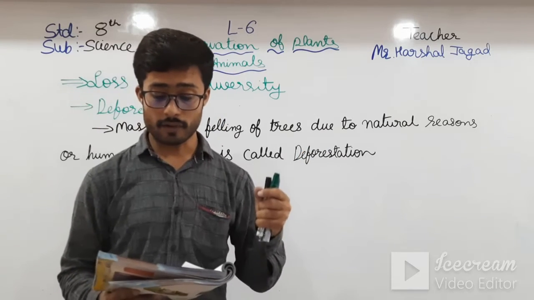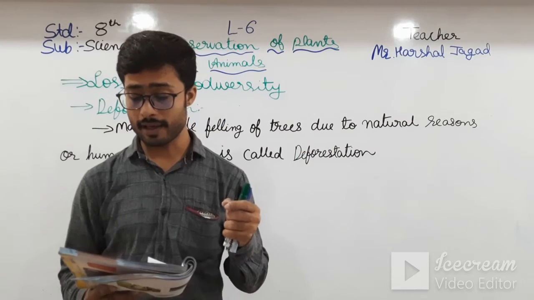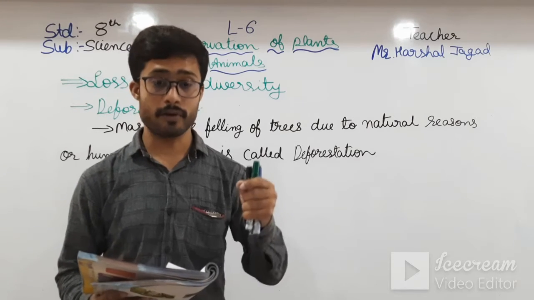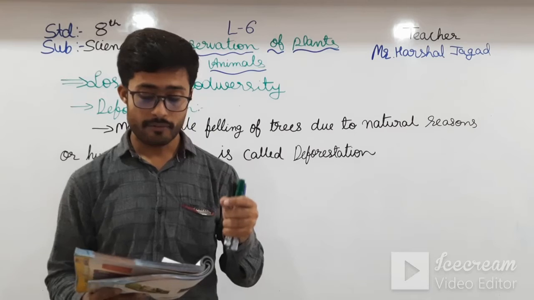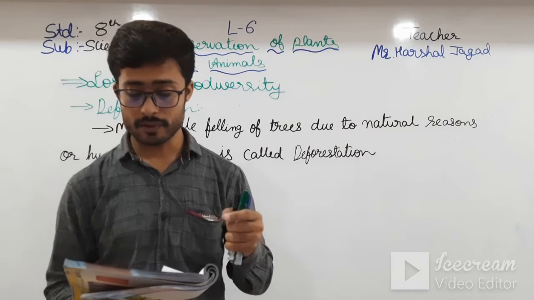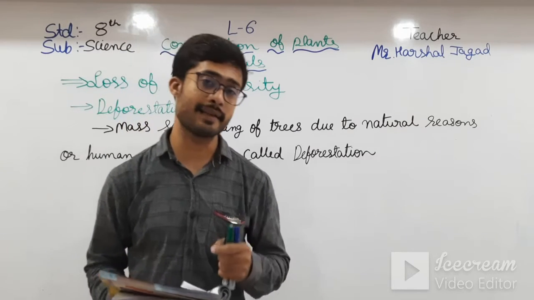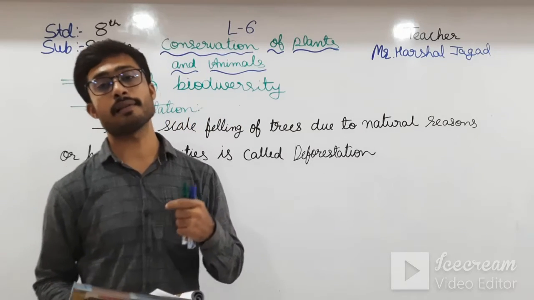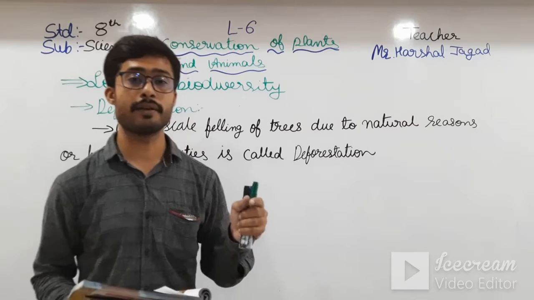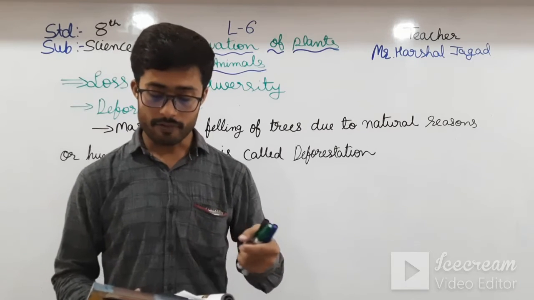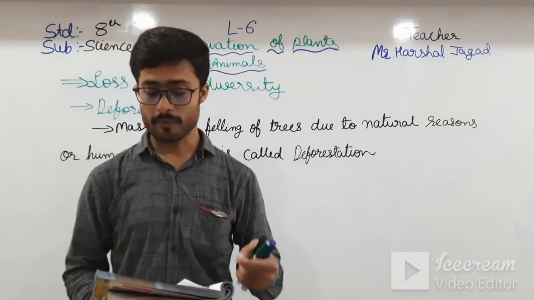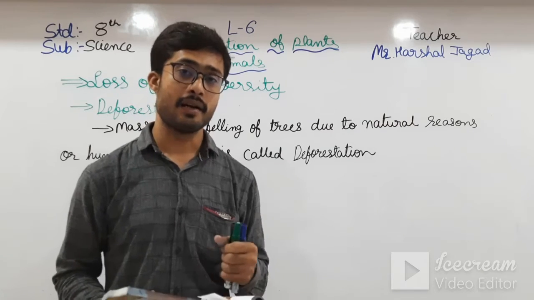This is one of the main reasons why trees are felled on a large scale. People use wood for making furniture, doors, windows, paper, spoons, chopsticks, pencils, etc. We humans are cutting the trees and making furniture, doors, windows, paper, spoons, chopsticks, pencils, and so on.